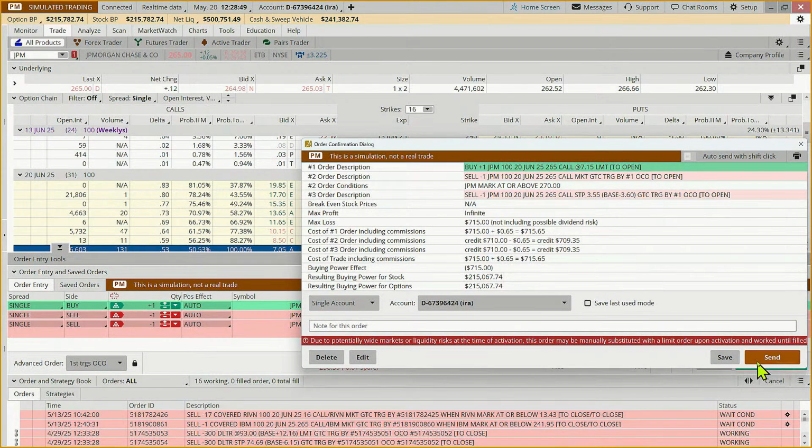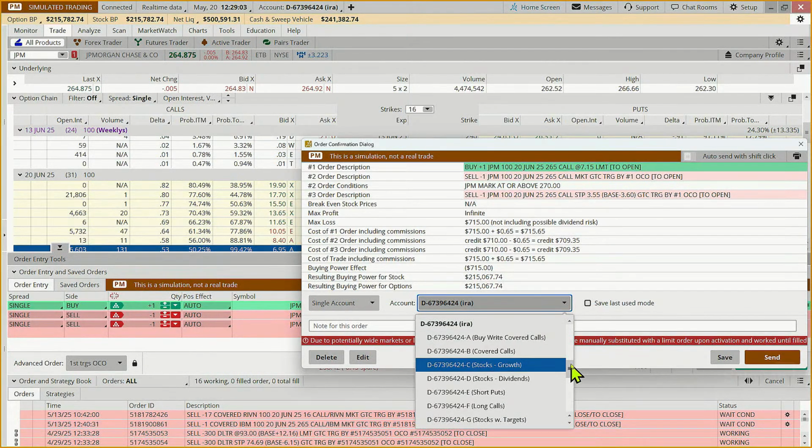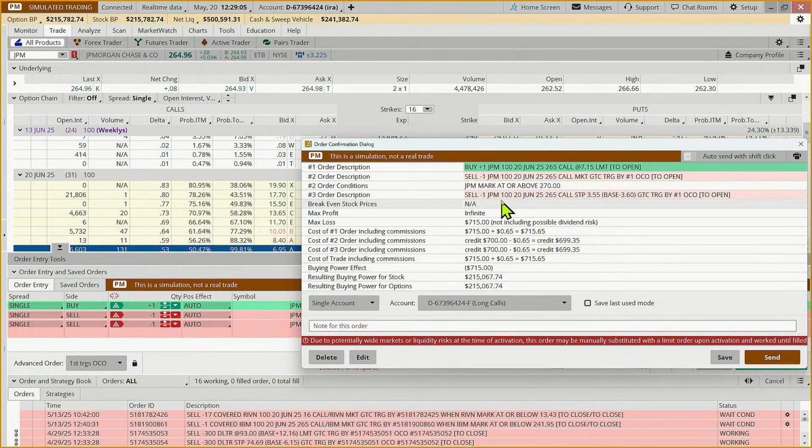And so when we come to confirm and send, this is saying, hey, I'm buying a call because I'm bullish, and I want to sell it when it gets to 270, or if it comes down, if it loses half its value, I'd like to take what's left of that premium and go home. And what this is saying is you can make an infinite amount here.